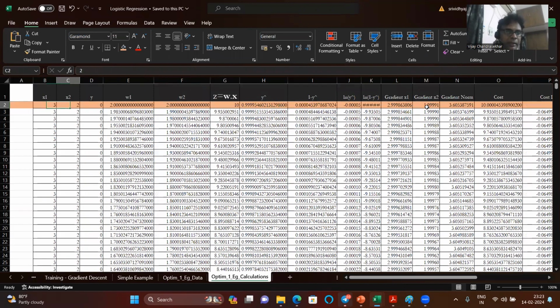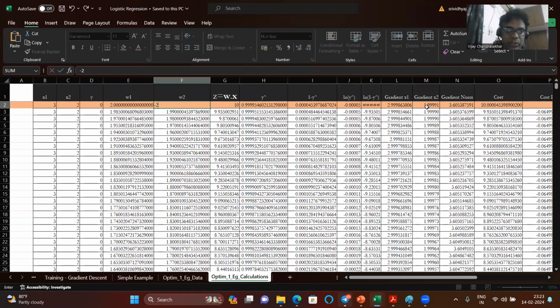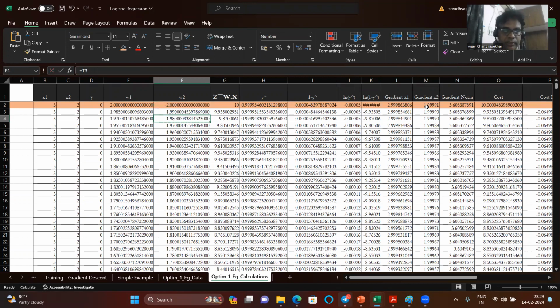It all depends on what value I plug in here. If it's 2 and 2, I got something else. If I start with, say, 2 and -2, for instance, all right, let's do that. I'm going to save it. It's doing some calculations. 74%, 93, 94. We should almost be there.